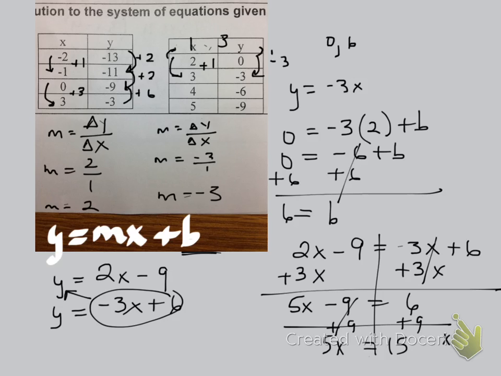And then x equals 3, because I'm going to divide both sides by 5. Once I get x equals 3, I just plug it back in here. Solve for y. 2 times 3 is 6, and 6 minus 9 is negative 3. So my solution should be 3 comma negative 3.